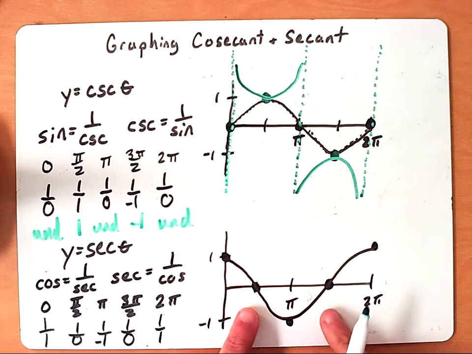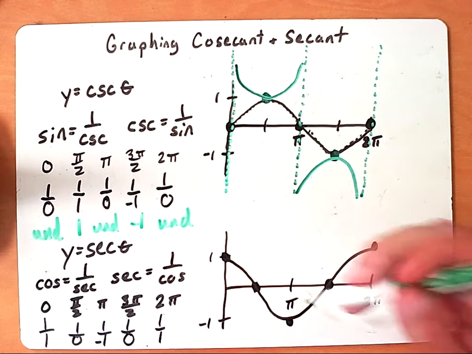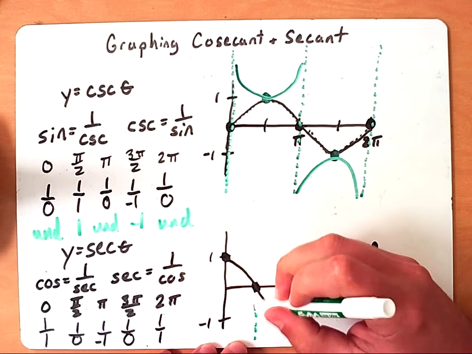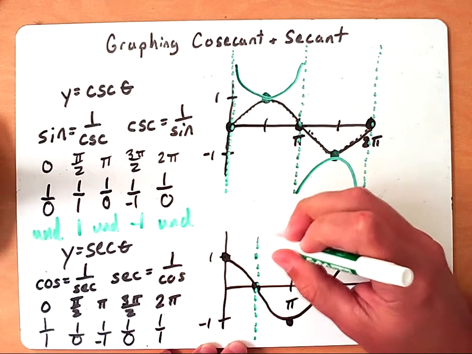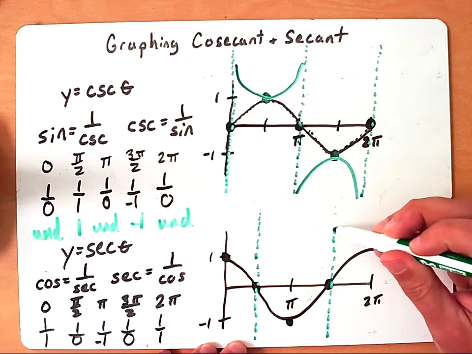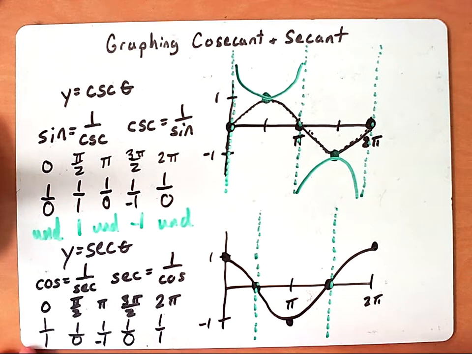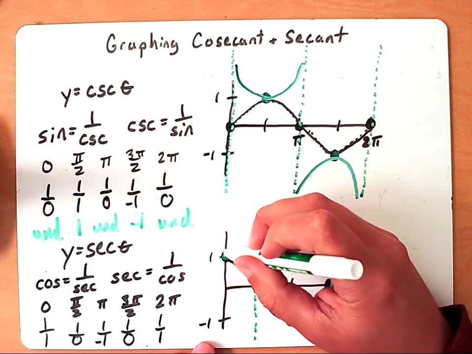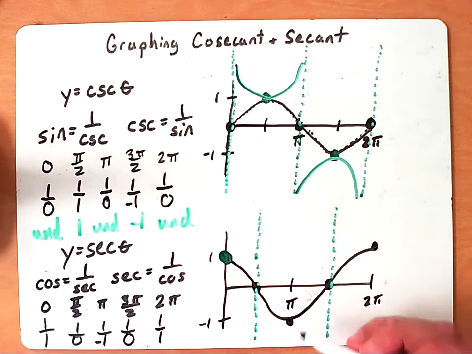So where my cosine graph is at 0, I want to draw my asymptotes, these vertical dotted lines. And then at 0, we are both at 1. At pi, we are both at negative 1. And at 2 pi, we are both back at 1.